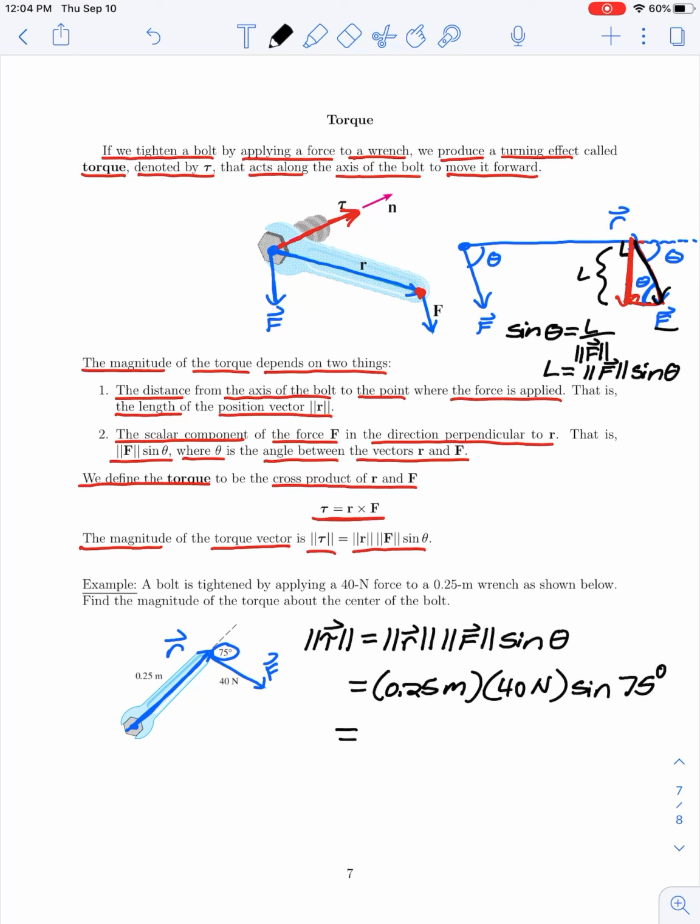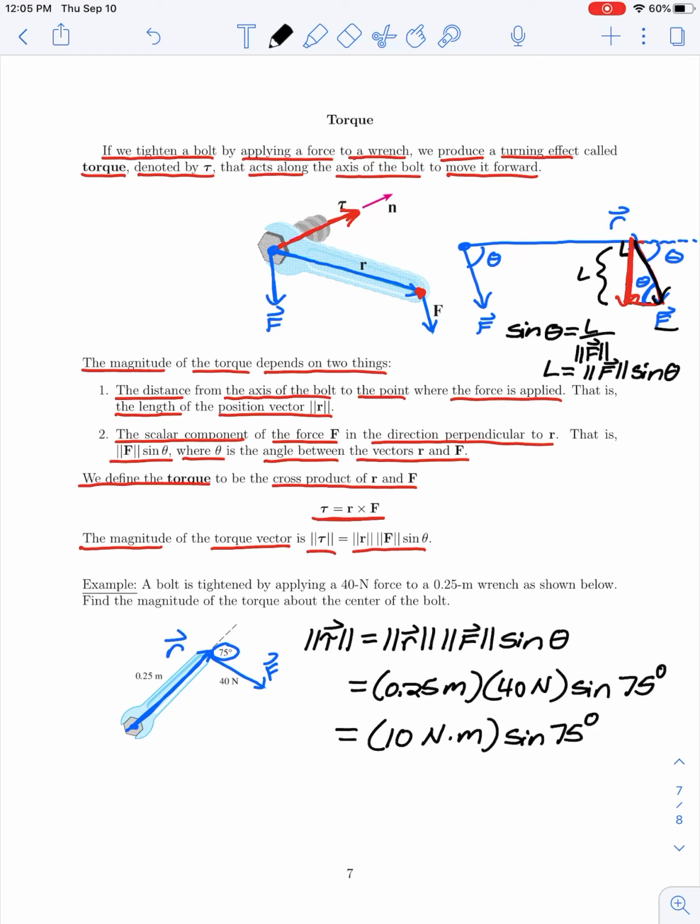So let's see what we're left with. 1/4 times 40 would give us 10 with a unit here of Newton meters, and then times sine of 75 degrees.